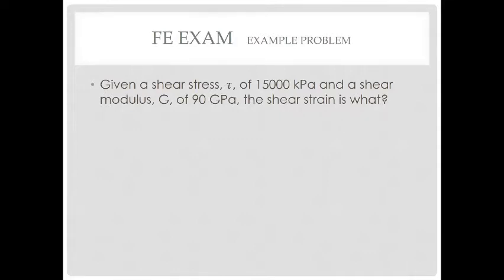All right, does anyone have an answer for me yet? I got 1.67 times 10 to the minus fourth pascals. Okay, so I believe that's in the ballpark. I can't remember the exact number, I'll show it to you here in a minute, but it has to be small, right? We're talking about strain values, so we know it has to be small. So you had 1.6 times 10 to the minus 4, so you're probably going to be correct.